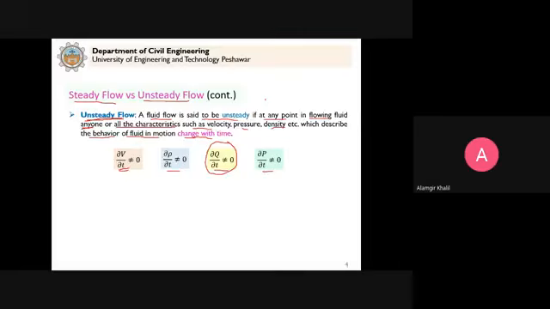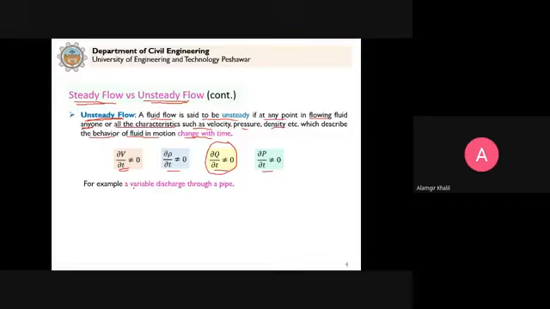When we treat a problem as unsteady flow, you will see later in this lecture that the energy equations become different from how we write them for steady flow. This affects our analysis, and definitely it will have an impact on the design. So that's why we are interested to study and differentiate these different types of flows and flow regimes.